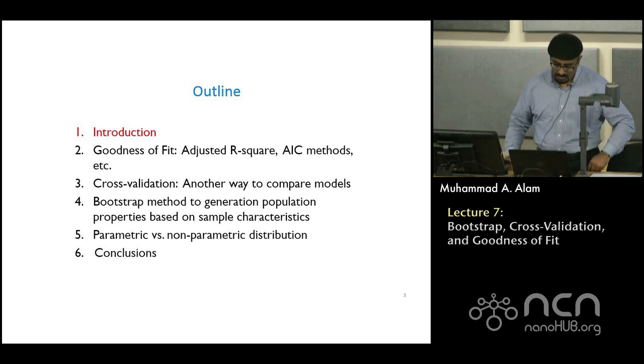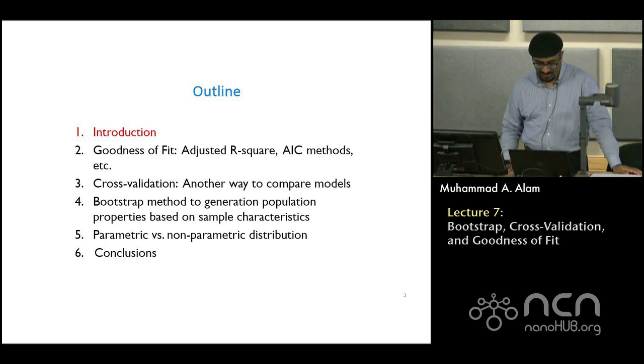And I'm going to tell you about goodness of fit in terms of the adjusted R-square method, the AIC method, the BIC method, and so on and so forth. And then I'm going to talk about the idea of cross-validation. This is a very big topic in statistics.